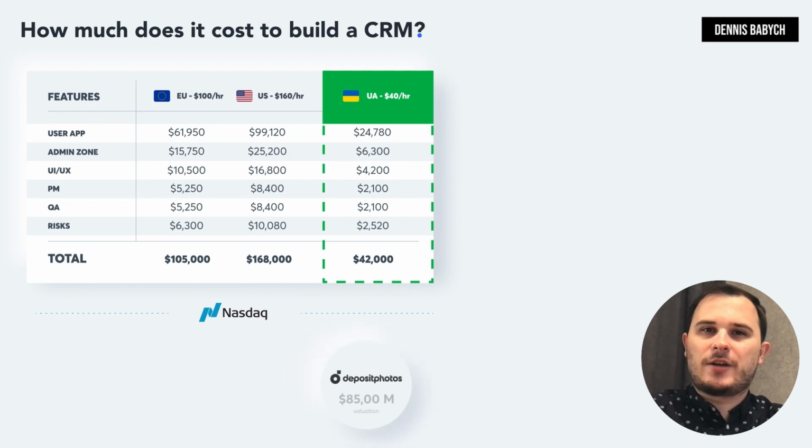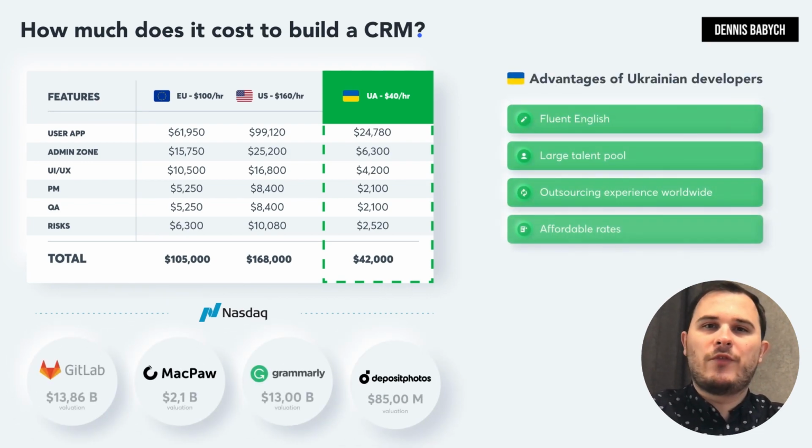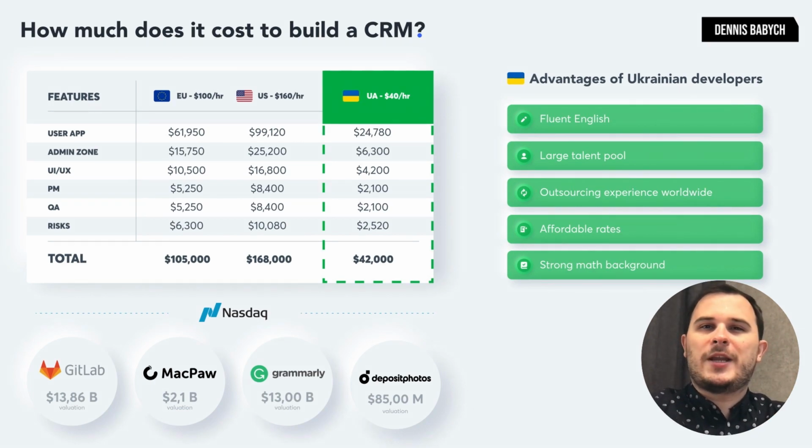Many successful startups such as GitLab, Grammarly, and Jooble have already recognized a huge value of hiring Ukrainian developers to build a top-notch software. Ukrainian developers have excellent English skills, extensive experience in outsourcing development, strong math background. They have innovative thinking, which helps them always think outside of the box. On top of that, they are hard workers.